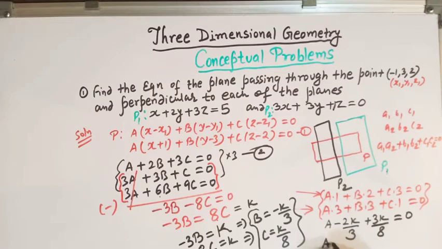Now a is equal to 2k by 3 minus 3k by 8, and if we solve these two fractions, we get 16k minus 9k divided by 24, that is equal to 7k divided by 24. So the value of a is 7k divided by 24.